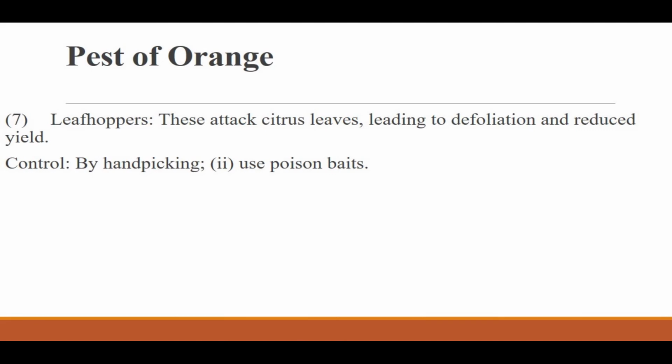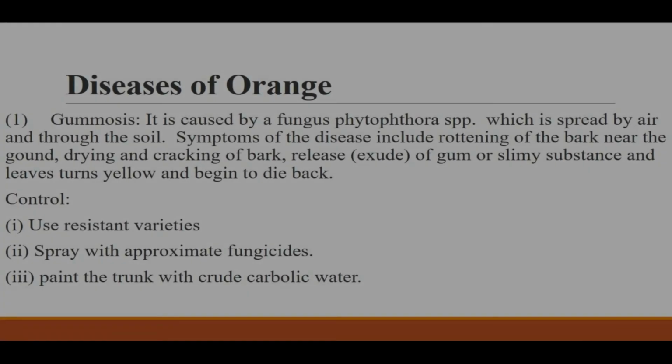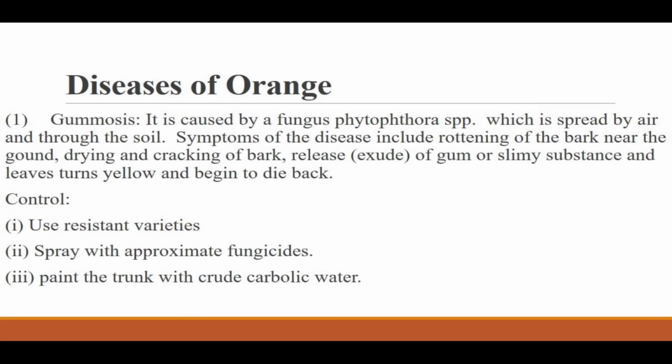How do we control the leaf hoppers? We control them by hand picking, and we make use of poisonous baits. Diseases of orange. We have the gummosis, which is caused by a fungus, and it is spread by air through the soil.